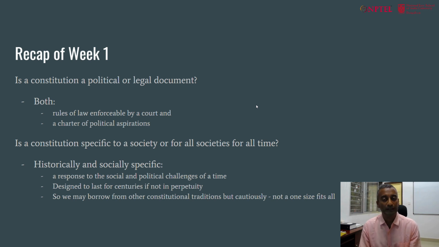So for India in the 1950s, you have a poor, low literacy, underdeveloped economic society with sharp social cleavages on the basis of religion and caste and gender, among others, and with a significant rural population. This kind of social context informs the kind of constitution that we have written for ourselves.